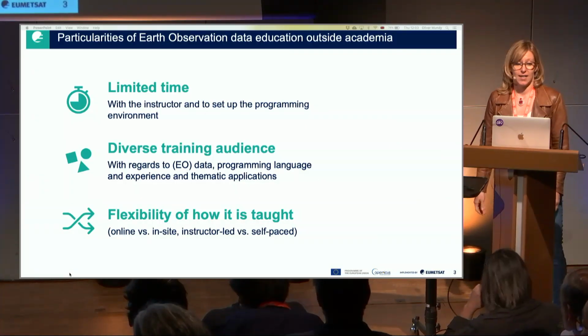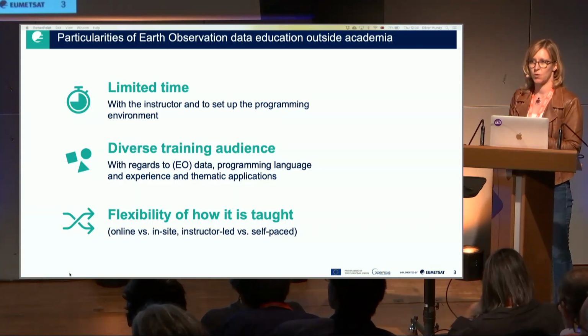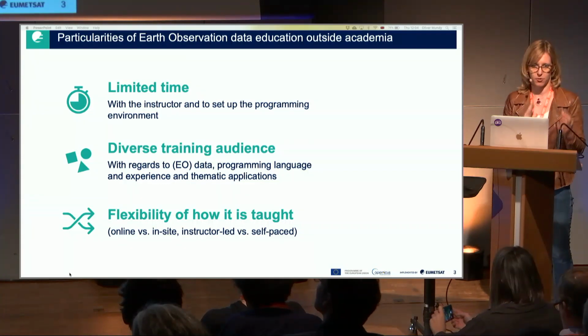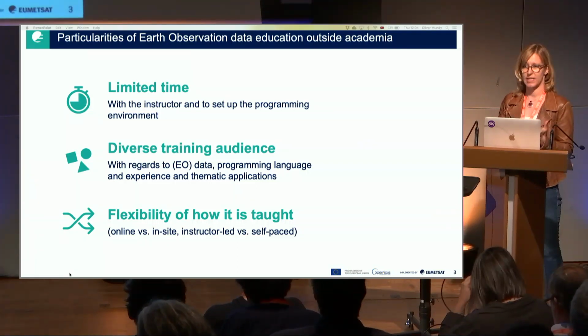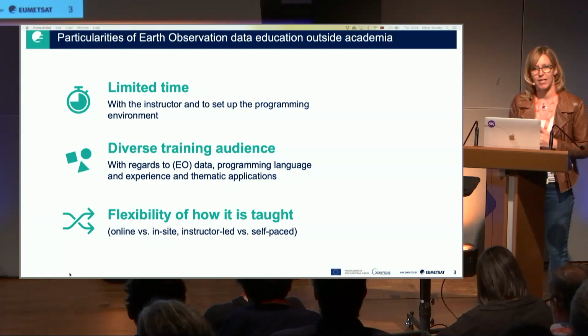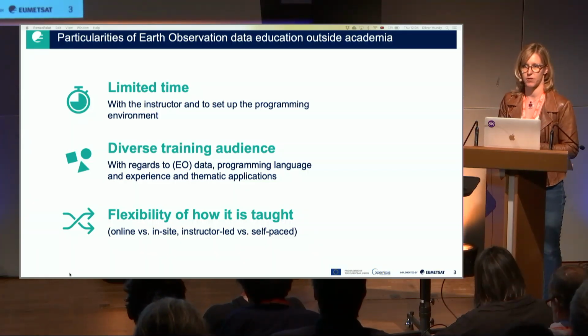Traditionally, users of Earth observation data start with using satellite data at university level. But then, for example, in Europe, we have a large Earth observation program which is called Copernicus.